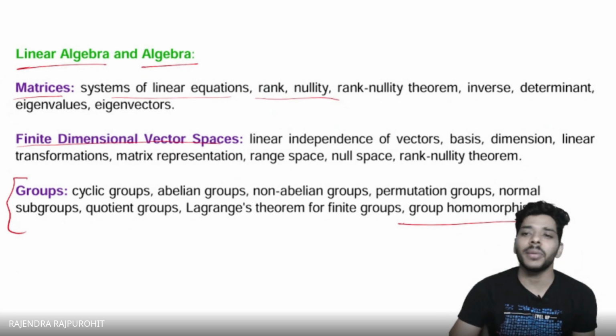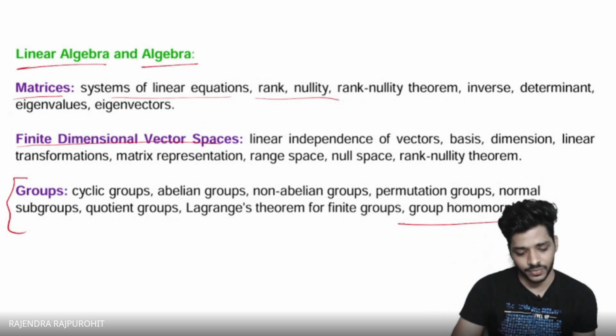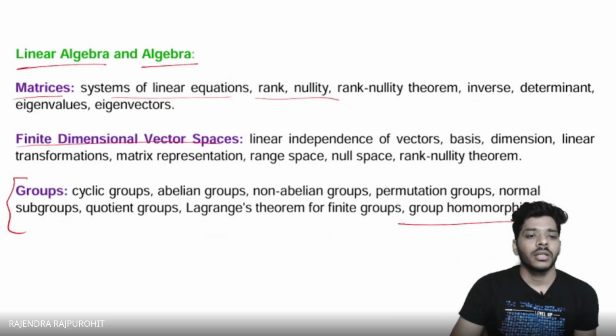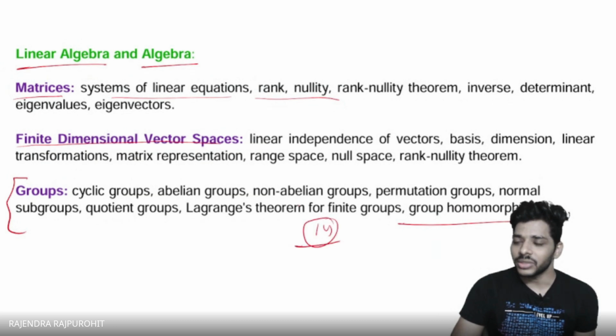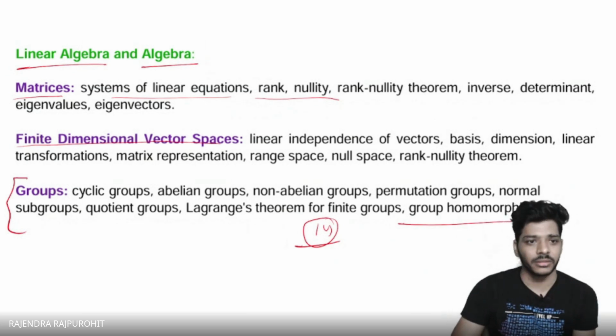Okay, now let's talk about what marks allocation there is for each subject in this IIT JAM exam. I have calculated the marks for the most recent exam, which was in 2014. From group theory, there were around 14 marks in your exam, 14 marks in total, across parts A, B, C, whatever you consider. And just before moving further, let's talk about the cutoff.